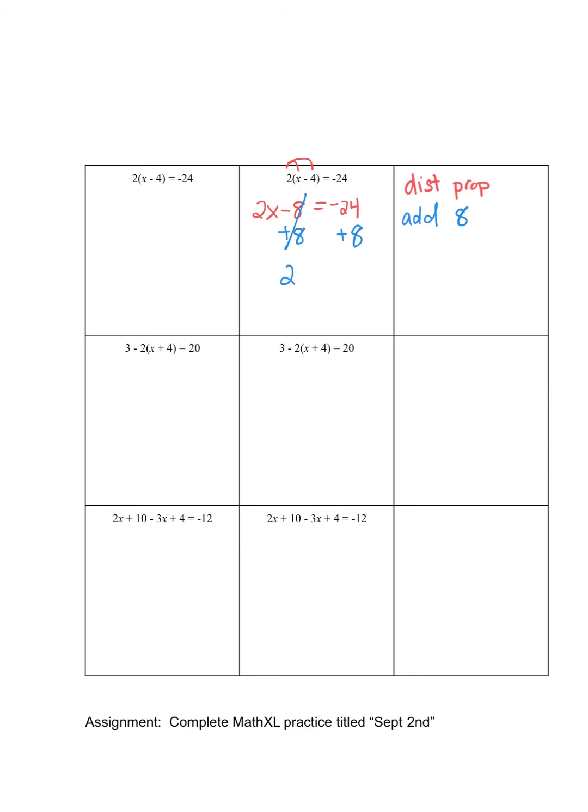That will leave me with 2x equals negative 16. And then now I see 2 times x, and our operation is multiplication, our inverse is division, so I'm going to now divide by 2, and that is going to give me that x is equal to negative 8.